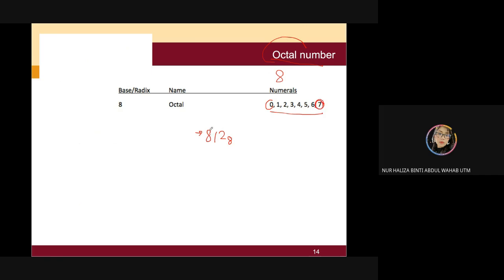If you need to represent 8, later on you will learn how to convert it, and how to represent the decimal value. So the representation, as I mentioned, is only 0 until 7 for octal. If let's say you have 1, 2 minus base 8 also, it is an invalid number.